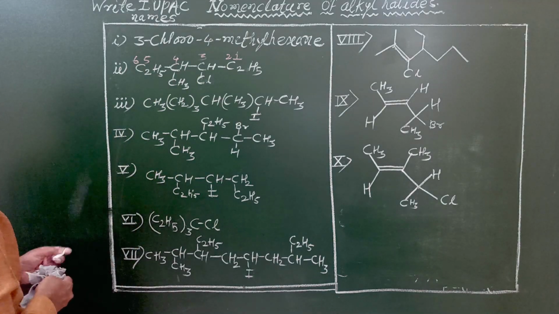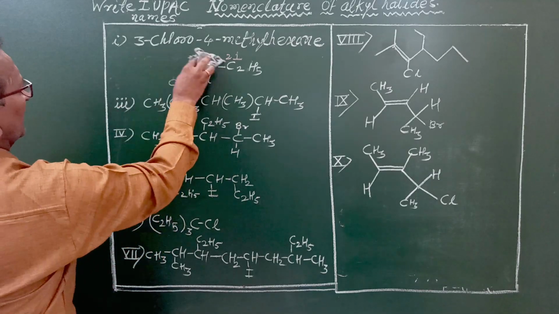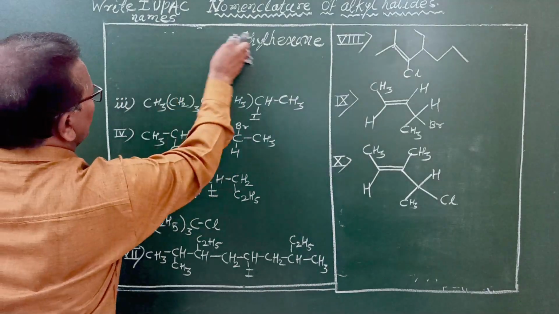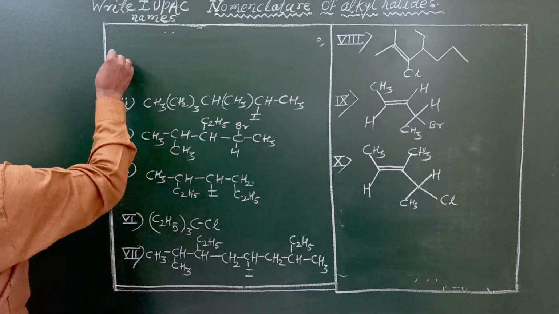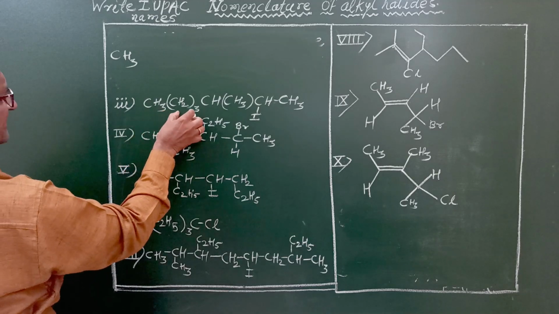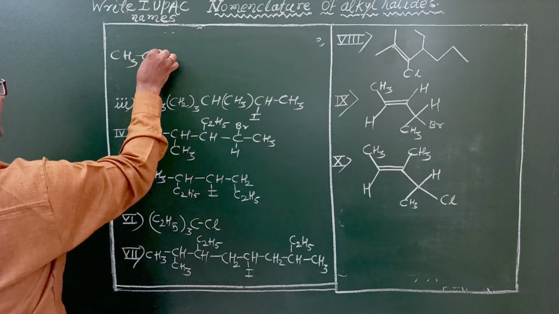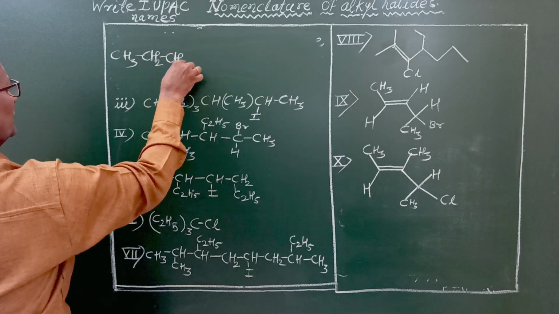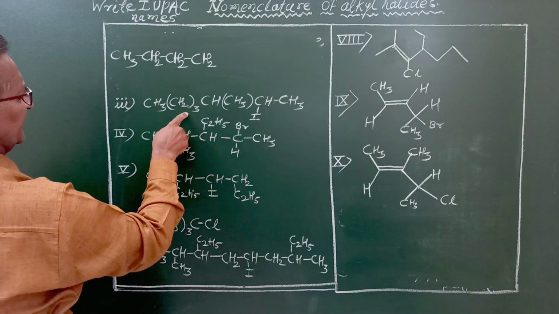Let us see the next compound. This is compound number 3. Now, how to derive the IUPAC name of this compound? CH3. How to expand this? CH3, then after this CH3, CH2 taken thrice. CH2 groups are always present in the chain. We cannot put CH2 in branch. Therefore, CH2, CH2, CH2, 3 times.